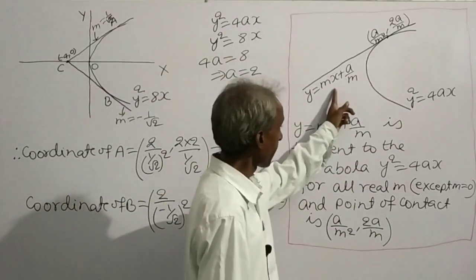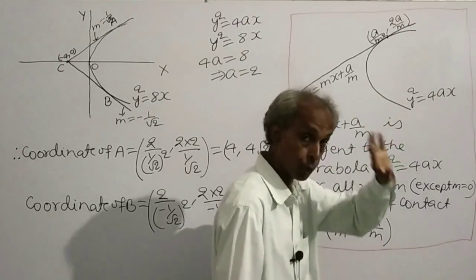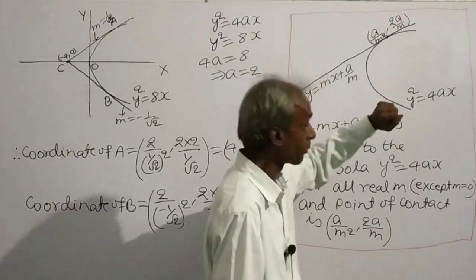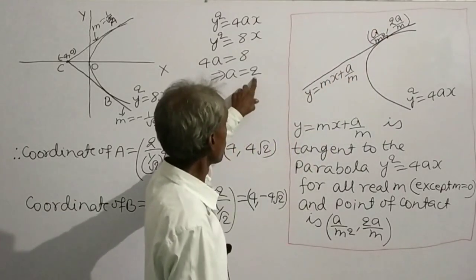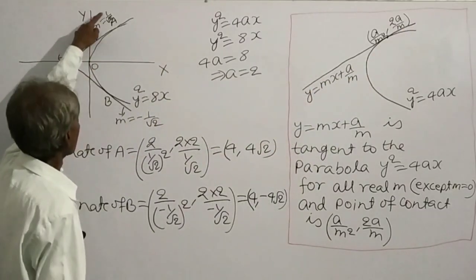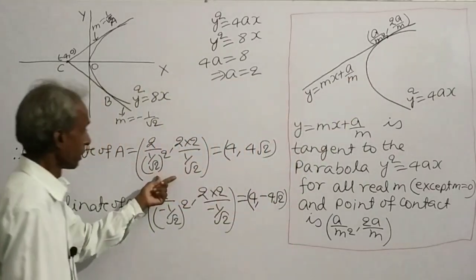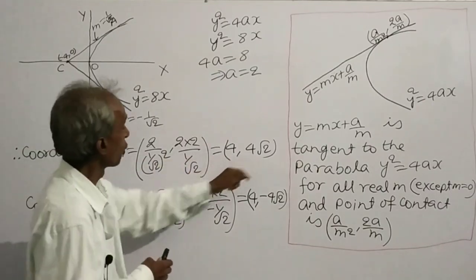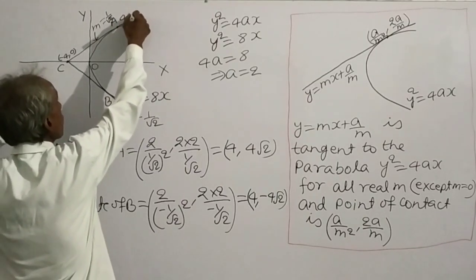Since this tangent touches the parabola y square is equal to 4ax at the point a by m square, 2a by m, putting a is equal to 2 and m is equal to 1 by √2 in this coordinate, we get the coordinate of point A: 4, 4√2.